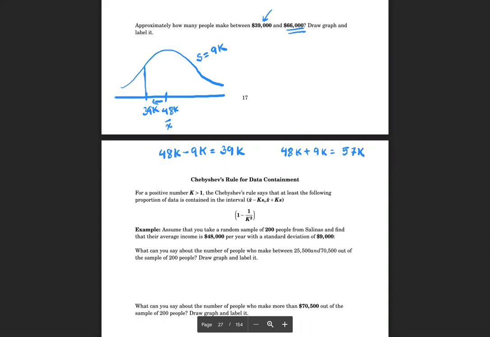Then from 57K, I add another 9K to get to 66K. So we are moving one standard deviation plus another, two standard deviations to the right. One standard deviation takes you to 57K, and two standard deviations take you to 66K. Okay?